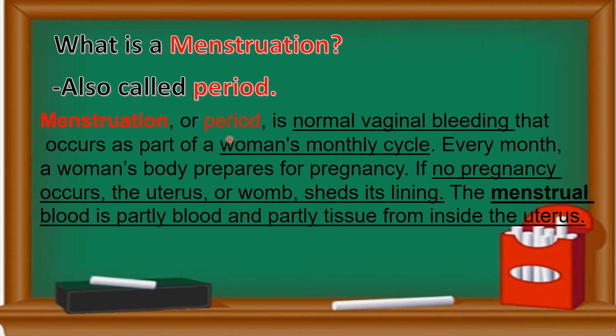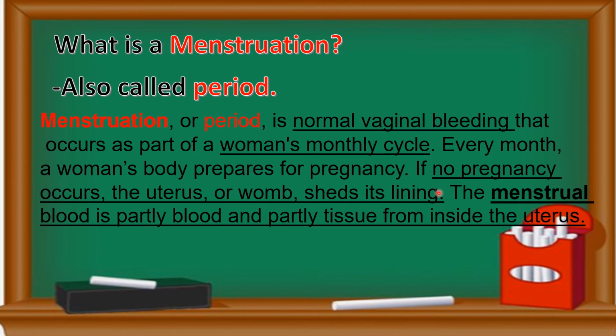So menstruation, or your period, is a normal vaginal bleeding that occurs as a part of a woman's monthly cycle. Every month, a woman's body prepares for pregnancy. But if there's no pregnancy that will occur, the uterus, or your womb, sheds its lining.